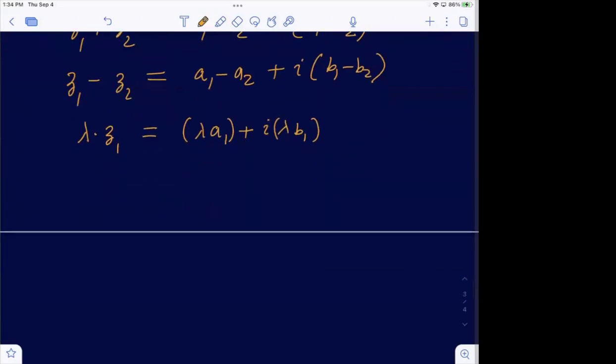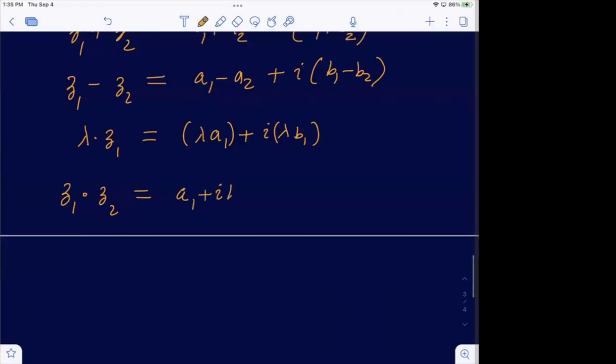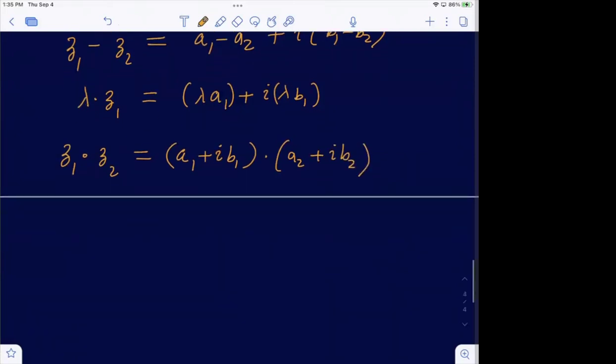And then what would be the product of two complex numbers? Basically, it is just the most intuitive way of thinking: A1 plus iB1 times A2 plus iB2.